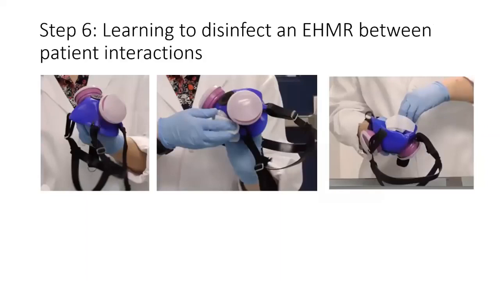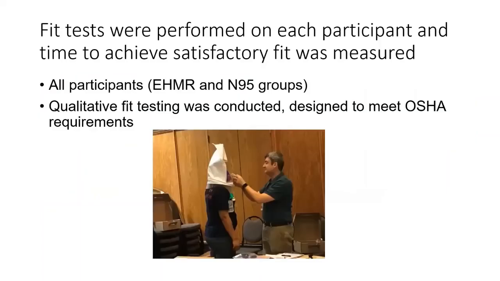And they learned how to disinfect the elastomeric between patient interactions. After the training, fit tests were performed on each participant and time to achieve satisfactory fit was measured. Qualitative fit testing was conducted, designed to meet OSHA requirements.